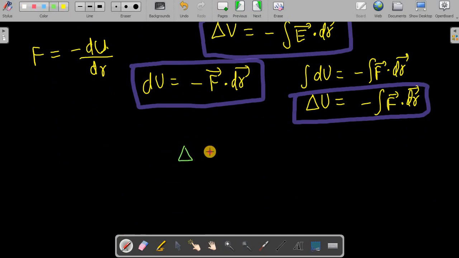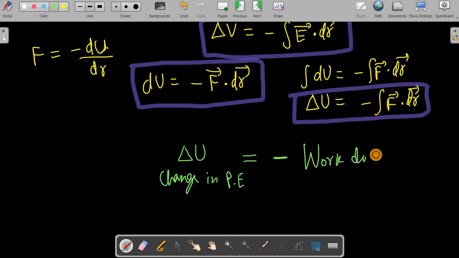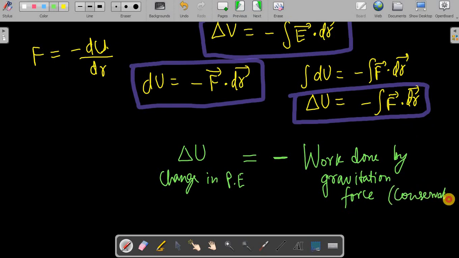Delta U is the change in potential energy, change in gravitational potential energy, and this is equal to minus of, here F is the gravitational force, the work done by the gravitational force, which is a conservative force.